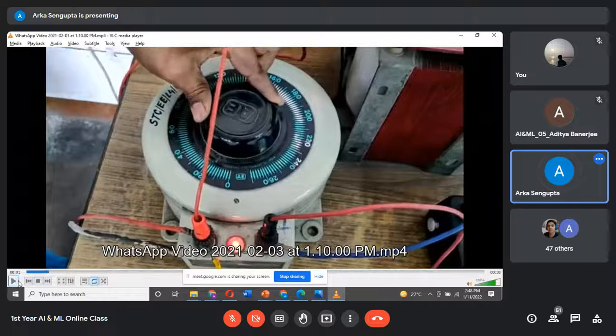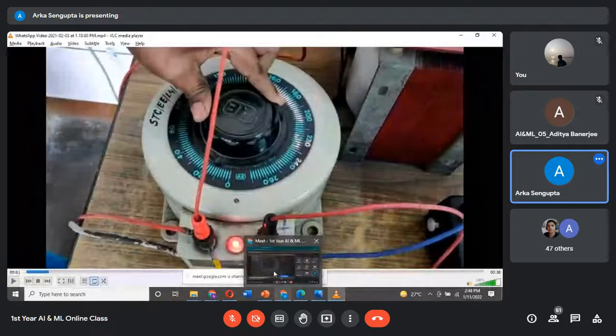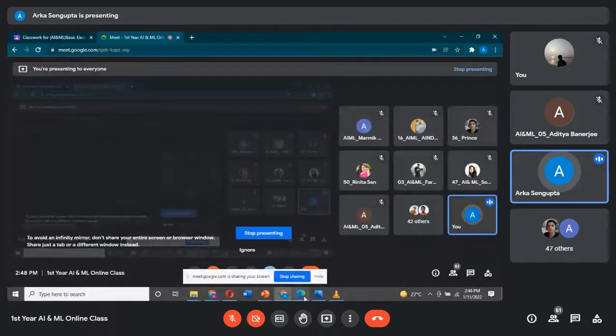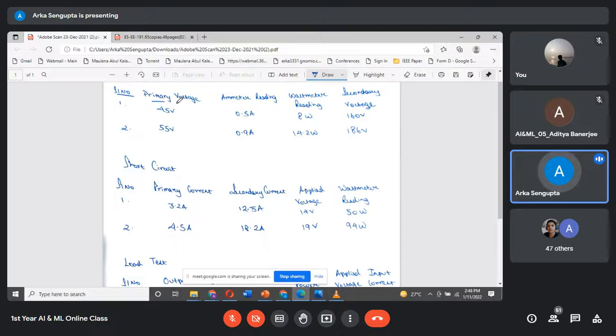Okay. Now this is one of the experiments of a transformer. Now let us see the readings of this. So you can see here. The primary voltage which was appearing across the transformer, once we rotated the variac, appeared as 35 volt.